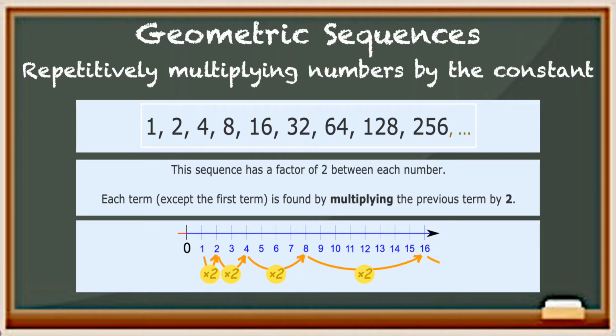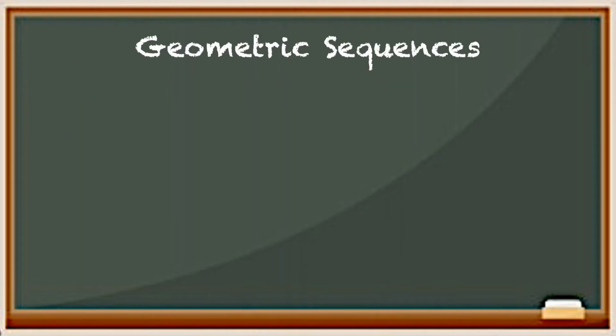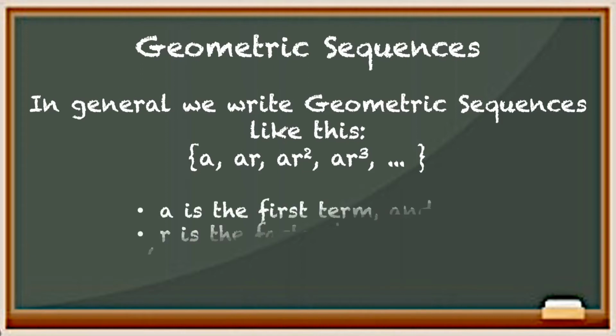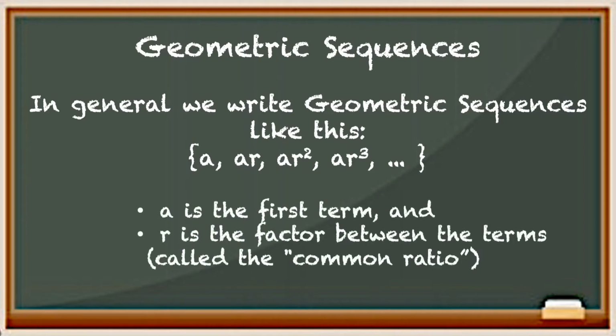So going off of that, you must be thinking, there must be an easier way to find this information. Yes, there is. We want to come up with an equation that gives us the nth term. So in general, we write geometric sequences like this: a, ar, ar squared, ar cubed, and so on and so forth. This means that a is the first term and r is a factor between the terms called the common ratio.